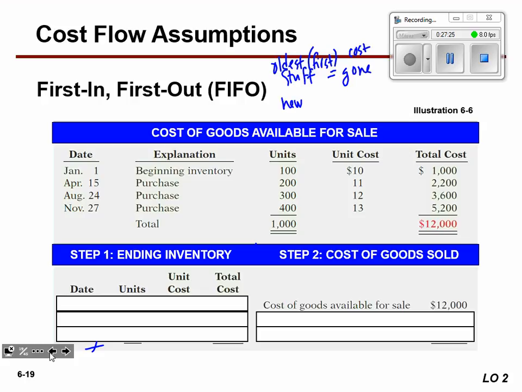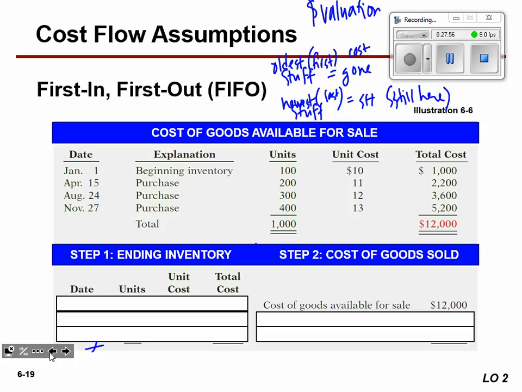The newest, or the last stuff, is SH, or still here. That's how FIFO works. The stuff is stuff. It's just, again, what valuation can we put on the stuff that's gone and the stuff that's still here?